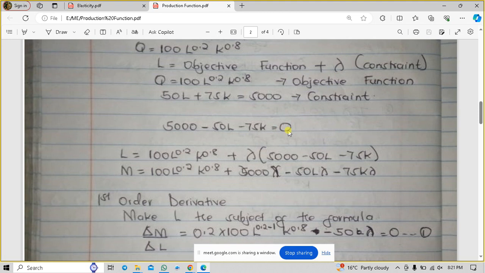So we are going to say 5000 minus 50L minus 75K. That is what you do.